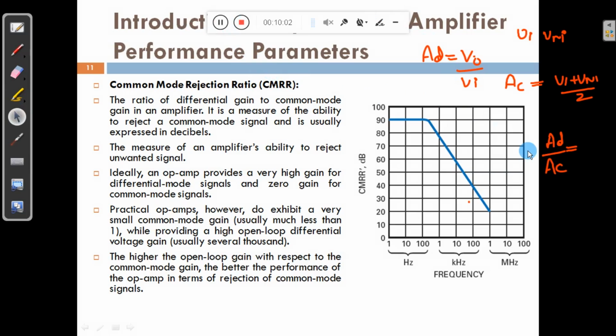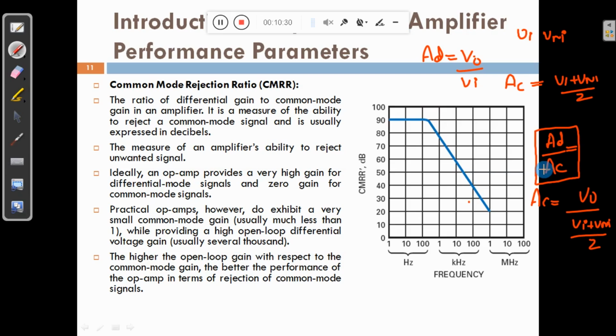So let me do a small correction: the common mode gain AC is equal to V0 divided by (V inverting plus V non-inverting) divided by 2. So finally, by getting the differential gain and common mode gain, you can derive the common mode rejection ratio equation.